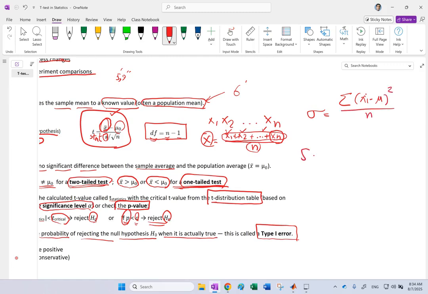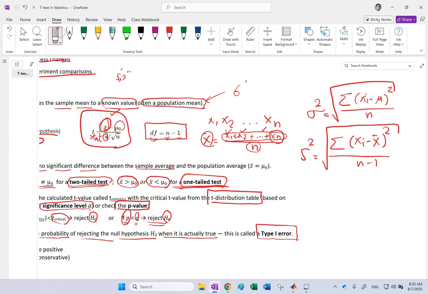For a sample, it is equal to the summation of the data minus their average squared, but divided by n minus 1, okay? And this is, by the way, it's not the standard deviation, it's the standard deviation squared, so it's called variance. If you want the standard deviation, you have to take a square root, so you have to do it like this, right?